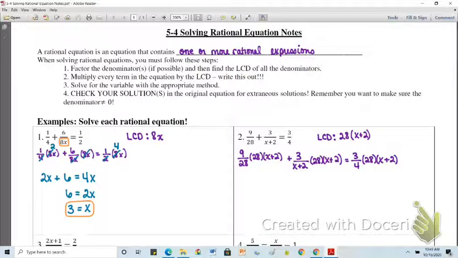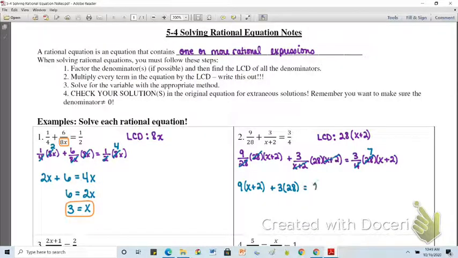Once we have that step down, now we just start reducing. So 28 cancels with the 28. I'm left with 9 times x plus 2. The x plus 2's cancel. I'm left with 3 times 28. 4 goes into 28 7 times.